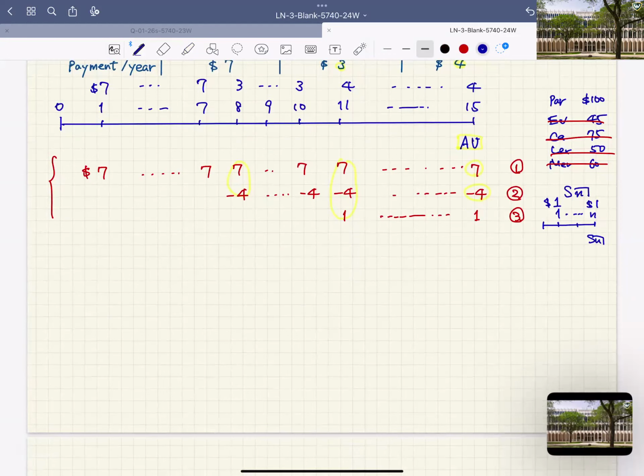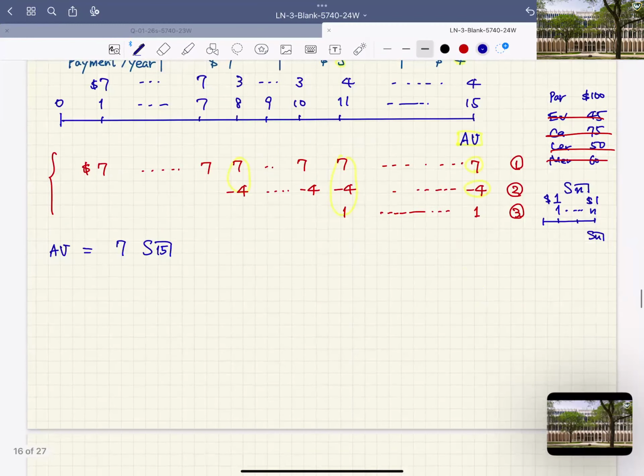So accumulated value should be equal to the $7 payments for 15 years, so 7 times s angle 15 at 6%, and minus 4 times s angle 8. So this is a little tricky, but okay.